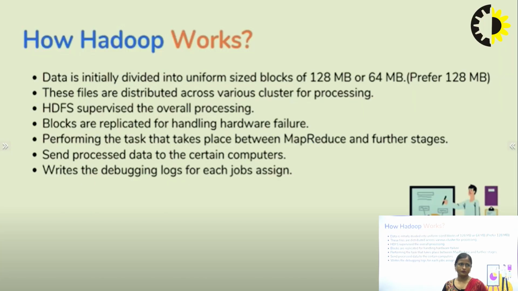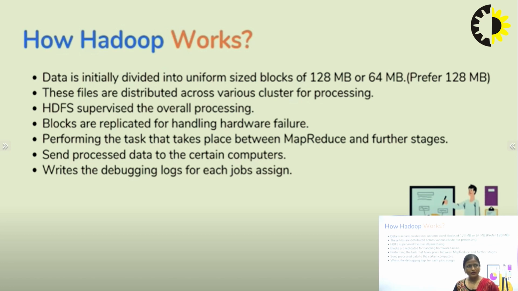How Hadoop works? Hadoop is based on the DFS concept, that is distributed file system. Here the data is initially divided into uniform size blocks of 128 MB or 64 MB, preferably 128 MB. So first data is divided into blocks.